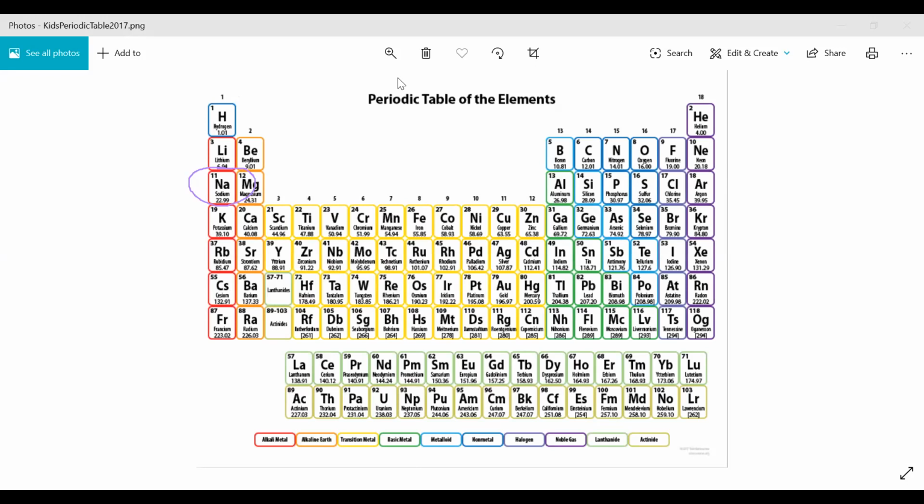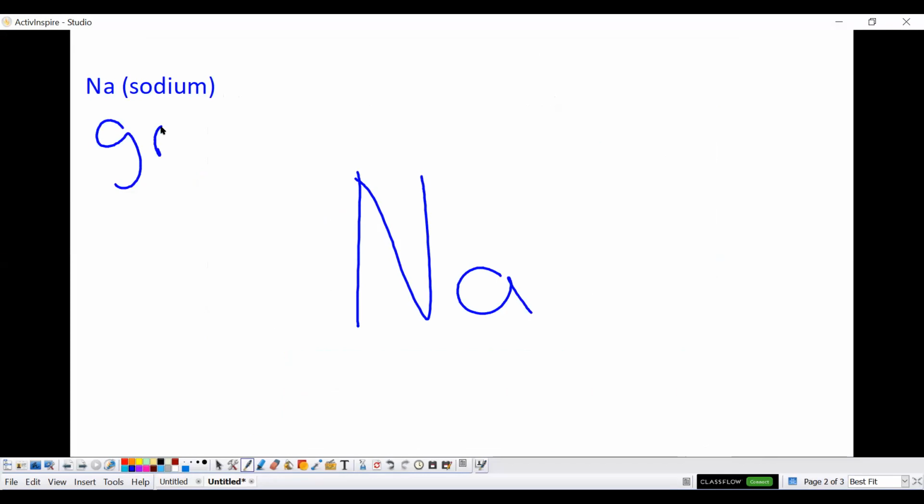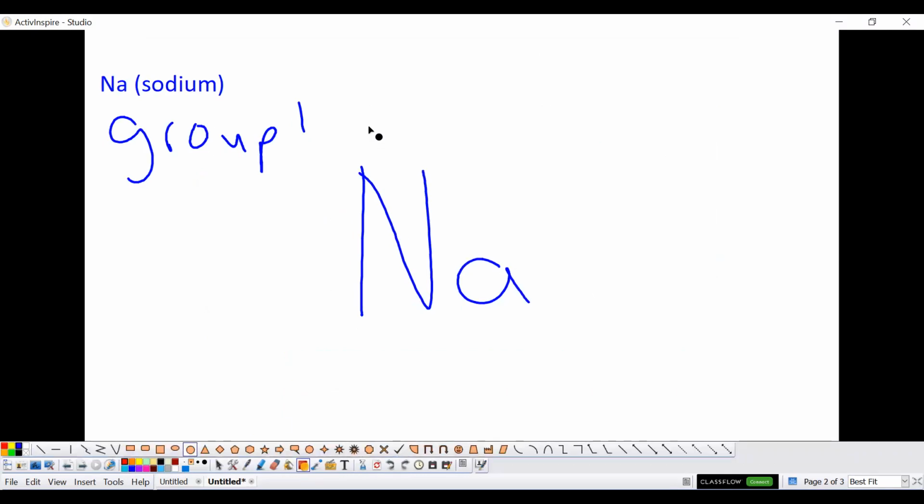So I'm going to put Na, and it's in group 1. So that tells me it has 1 electron in its outermost energy level. So if I, again, cheat and draw my circle right there, that's my electron dot diagram.